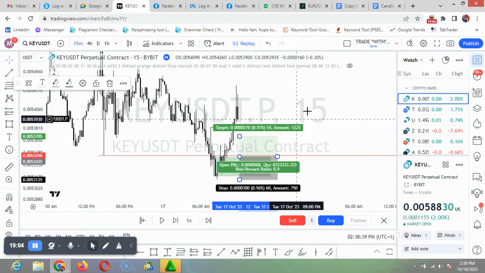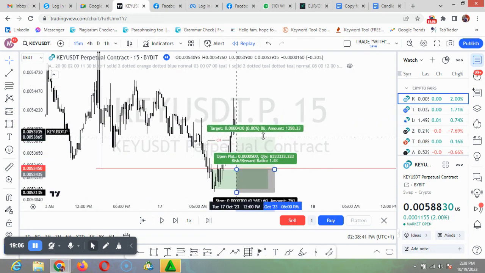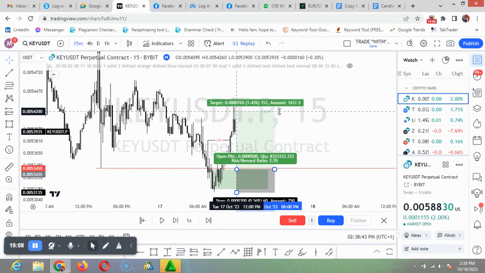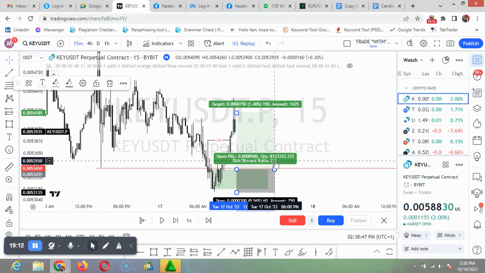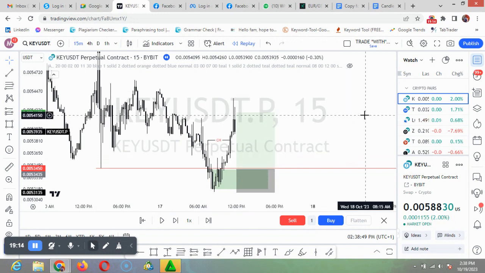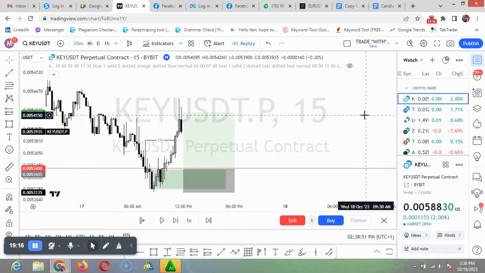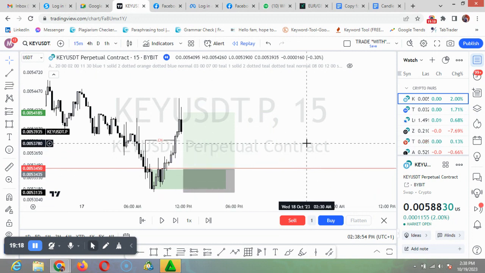And our target, I target 2.5. You can see here I target 2.5. Then once you have this, you can go to your futures dashboard or your MetaTrader 5, and place the trade. I hope this is clear.